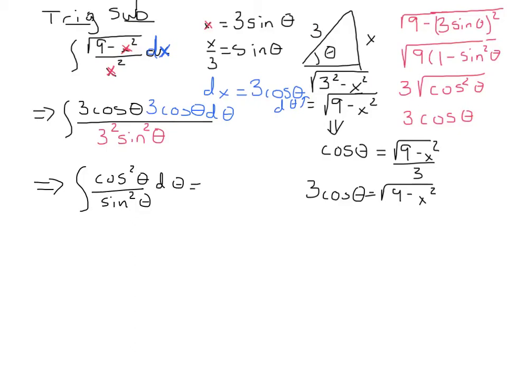Let's see here. Cosine over sine is cotangent. And that doesn't help me because cotangent squared is not a derivative of any trig functions, but cosecant squared is. And if I use a trig identity, cotangent squared is cosecant squared minus 1.